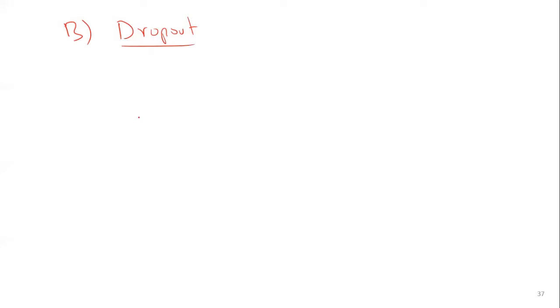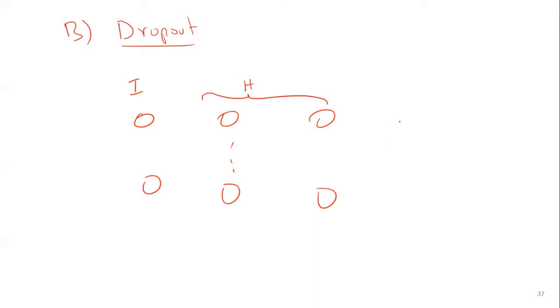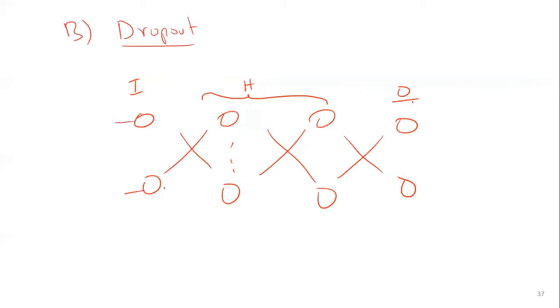So let's say you have a bunch of inputs. So this is your deep neural network. It has a whole bunch of inputs. This is your input layer. These are your hidden layers. And then let's say you have your output layer. And all of these are fully connected, let's say. Okay. This is your input, hidden layers, and output.